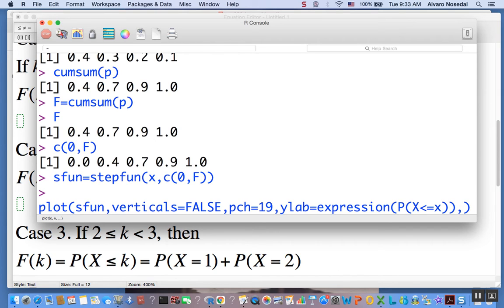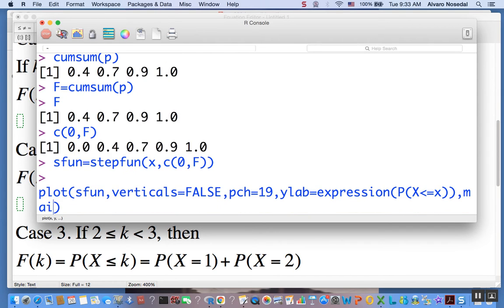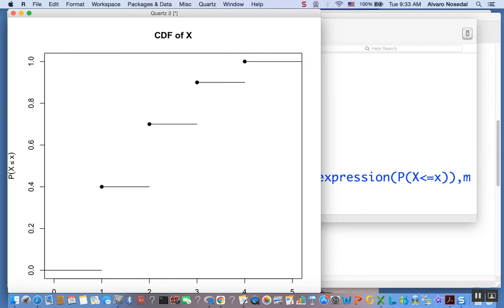And then something else. I would like to add a main title. I want to say that this is the CDF of my random variable x. Okay, let's see. Let's hope this works. Yeah, it does.